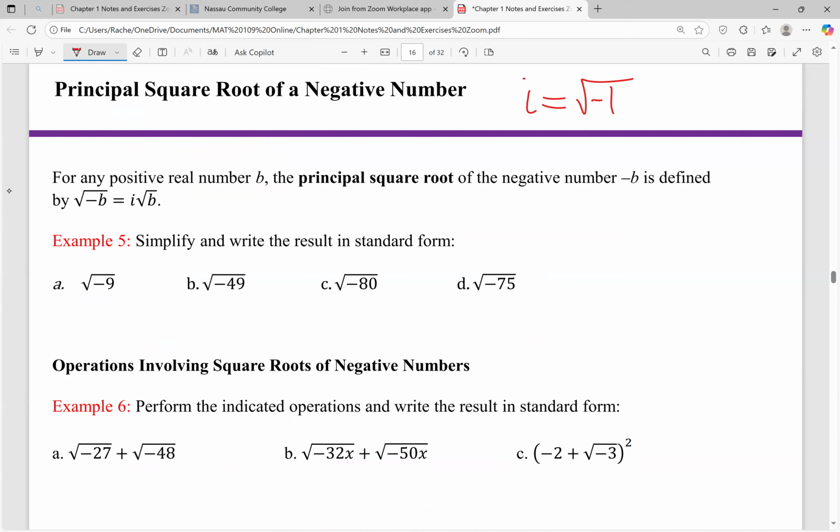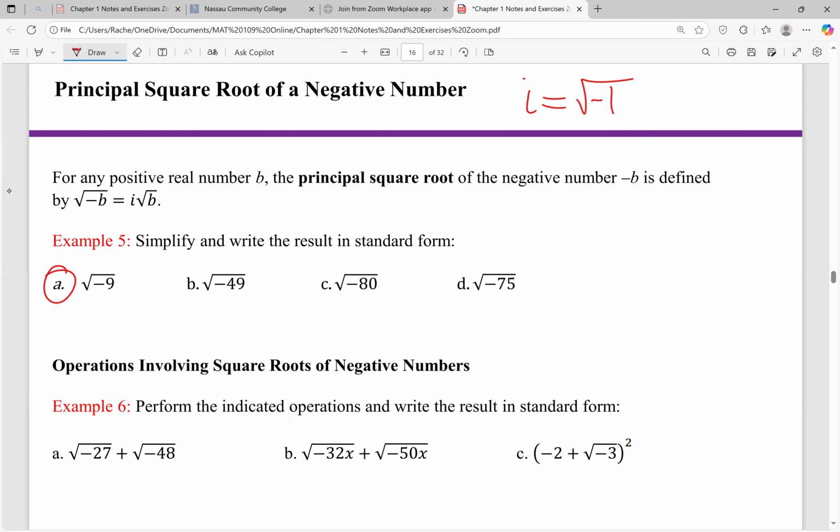So for example, in example 5, look at A, the square root of negative 9. We can factor out a negative 1 from negative 9, because remember, we can't take the square root of negative 9. If you plug that into the calculator, you're going to get an error, because we can't take the square root of a negative number. But what we can do is factor out an I by factoring out a square root of negative 1.